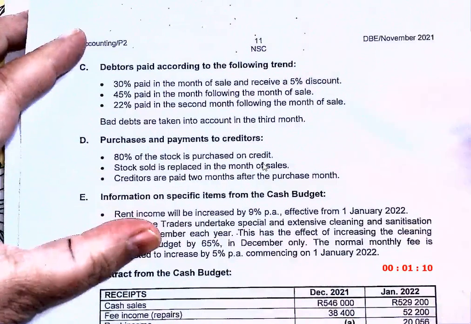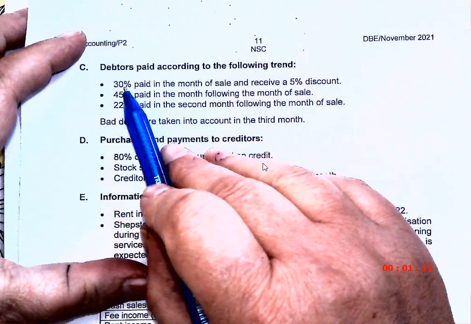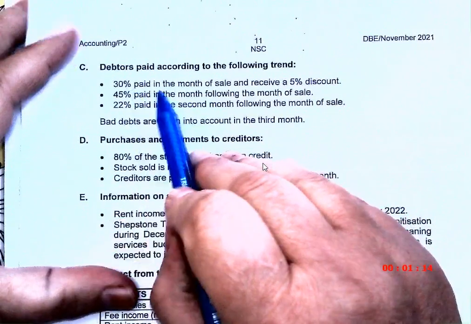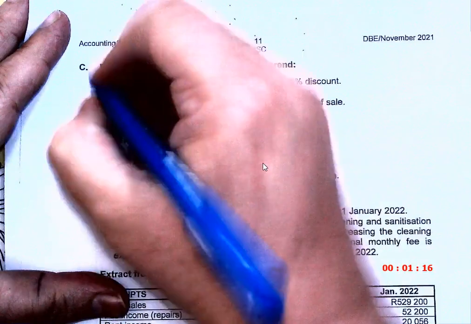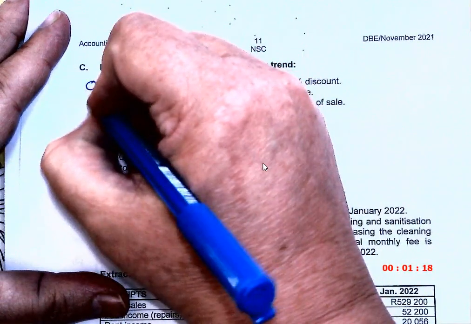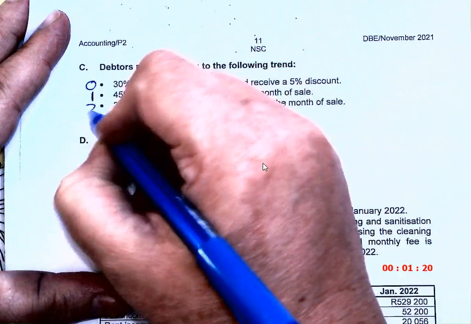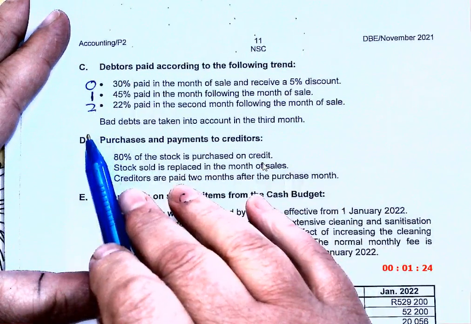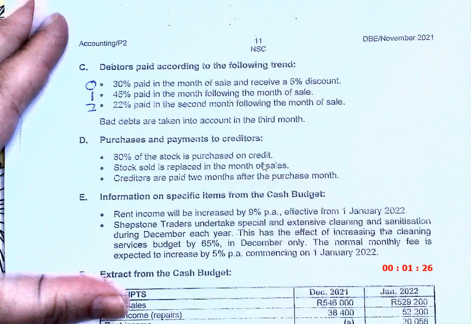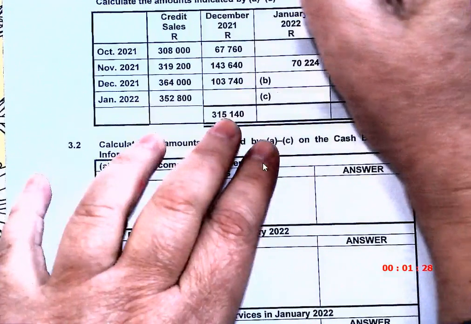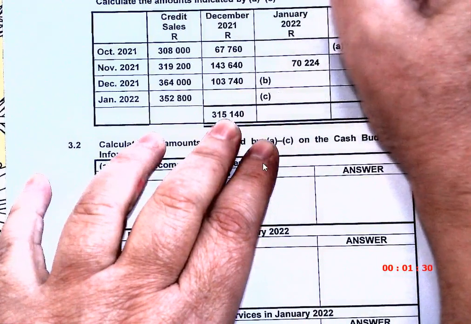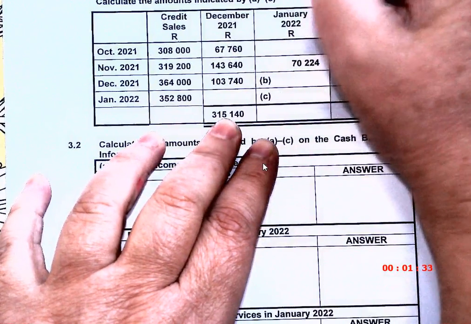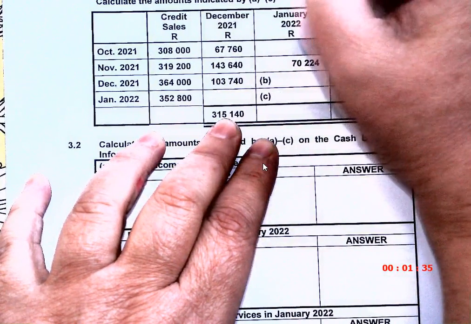I say, oh, 30% is paid in the month of sales. So that's 0, that's 1, that's 2. Can you see they don't tell you what the bad debt is like they usually do? Okay, so let me just write for myself. 0 is 30 less 5, 1 is 45, 2 is 22.